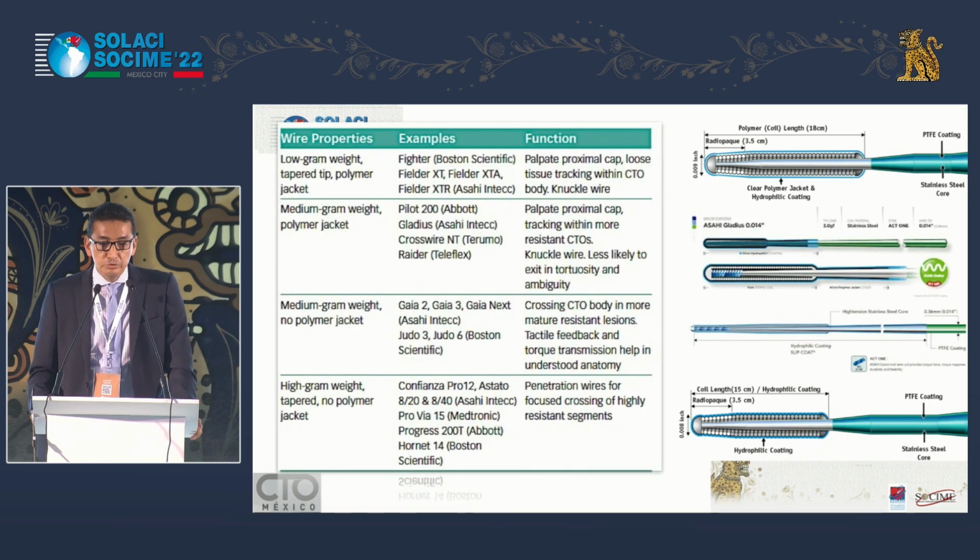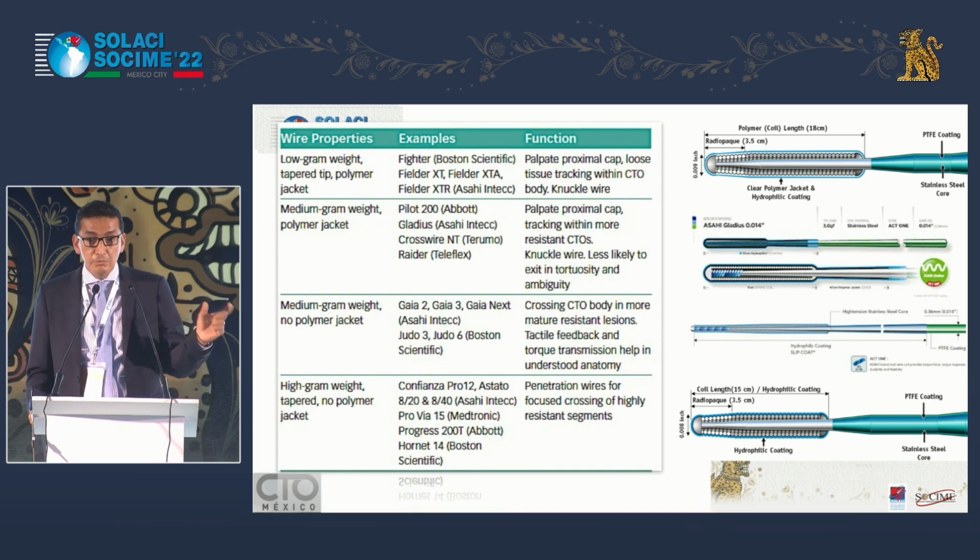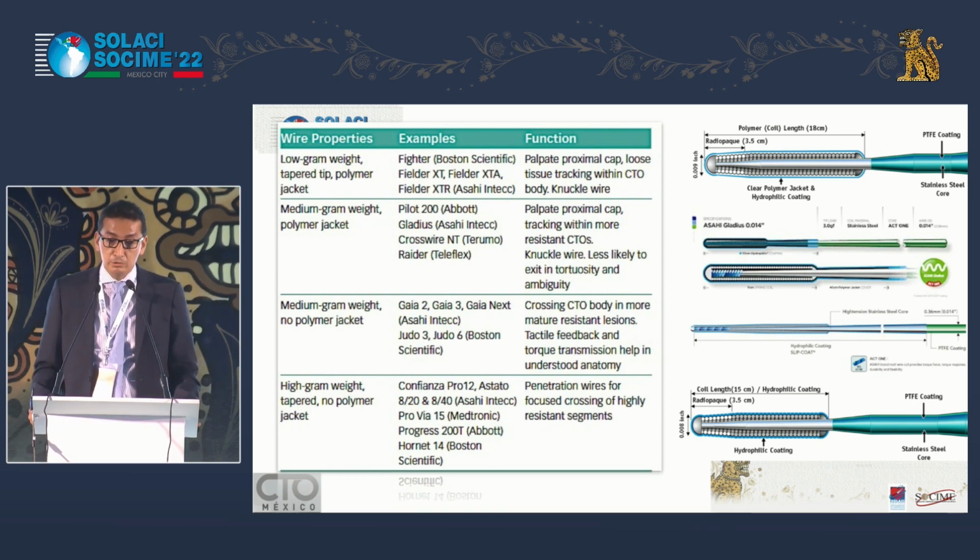Y este punto nos lleva a esto: cuando estamos hablando de que lo que necesitamos es palpar el CAP, tenemos que navegar el tejido proximal, probablemente una vía de bajo gramaje jacket es la elegida. Pero tenemos que navegar a través de la lesión, conociendo la estructura de la lesión y tenemos ya un avance dentro del CAP, probablemente una guía jacket polimérica, y si vamos a hacer un knuckle, sería nuestra opción para considerarla.